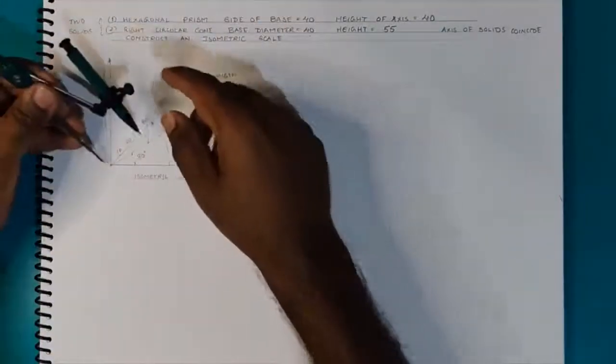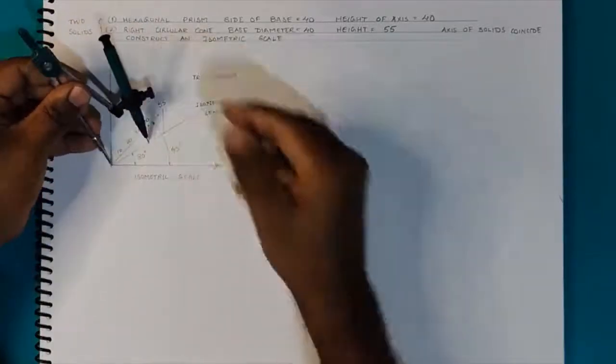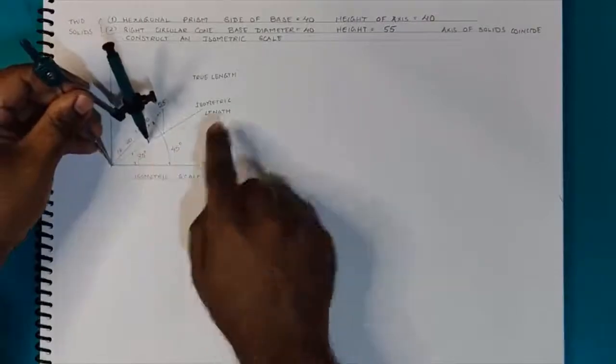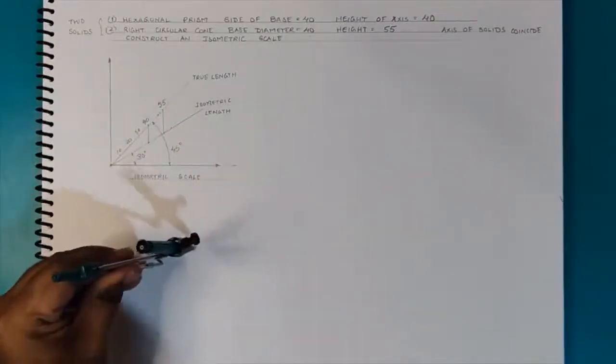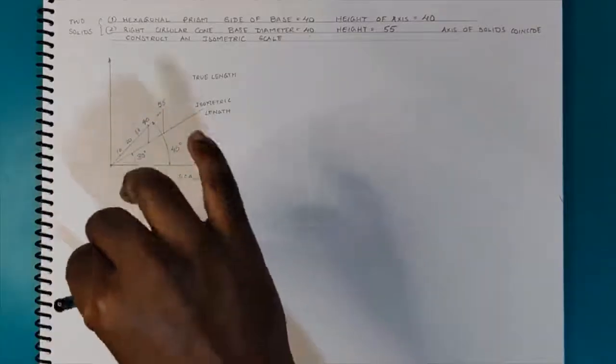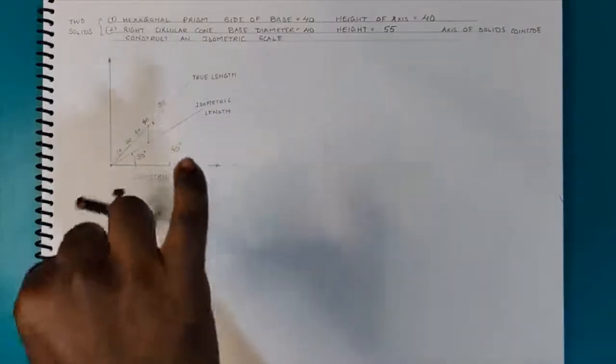Now I need to construct the reference figure, that is a hexagon of side 40. So I take the isometric length of 40 and draw a circle for constructing the hexagon.